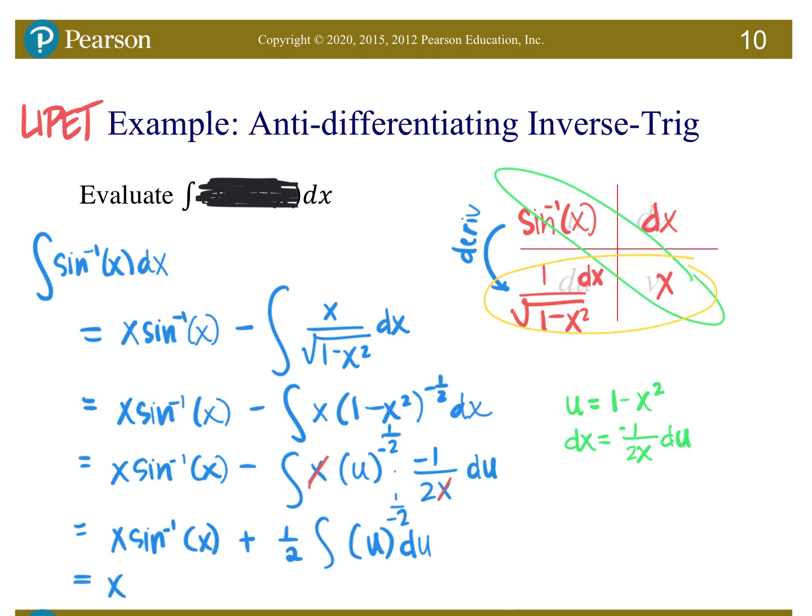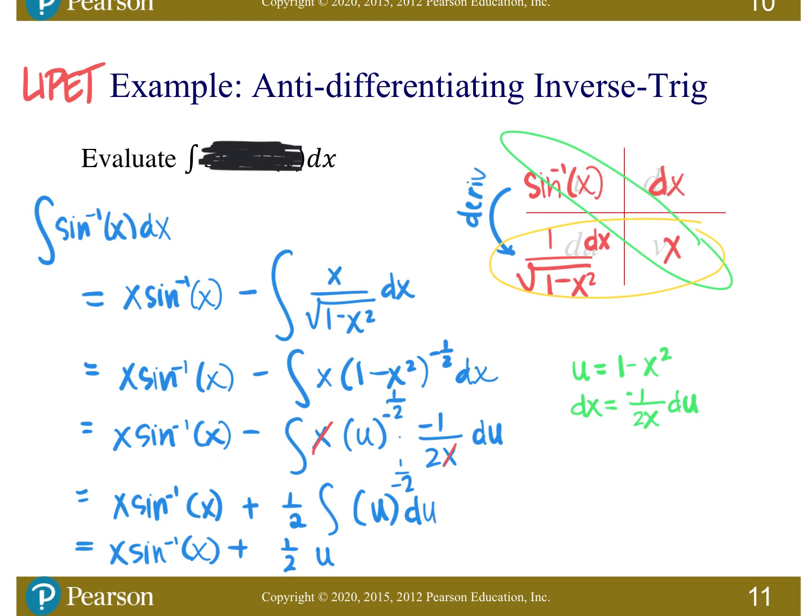So add 1 and divide by the new power. All right, see if I can fit all this on here. All right, so I have a half. I have u, which is now going to go up to the higher power of positive 1/2. But what else do I have to do? Multiply by 2, which ultimately reduces with the 1/2 out front, and then a plus c.